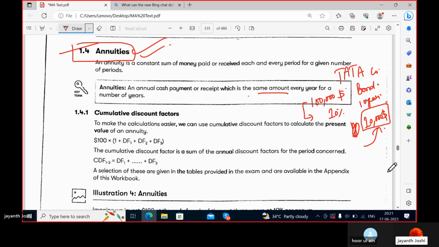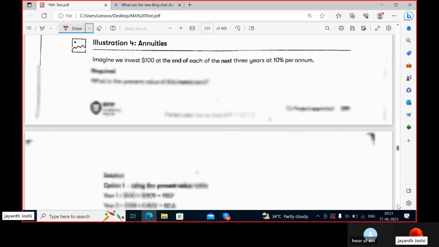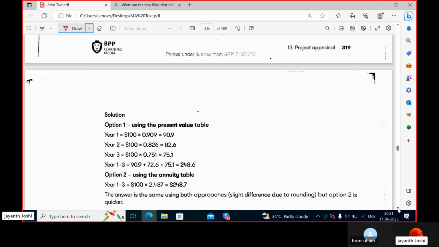Okay. Now what is the difference between annuity and a normal scenario? Okay, let me explain you. Let's say you have invested $100,000 for 5 years and the rate of interest is 10%.